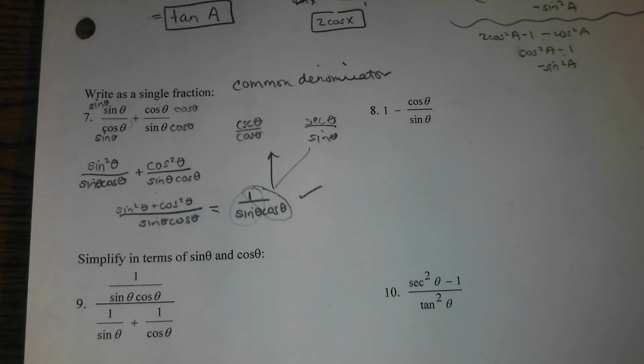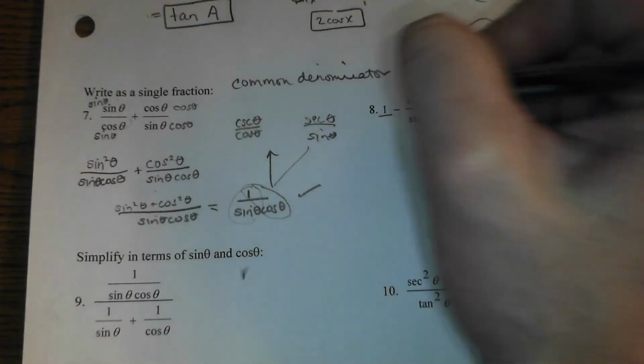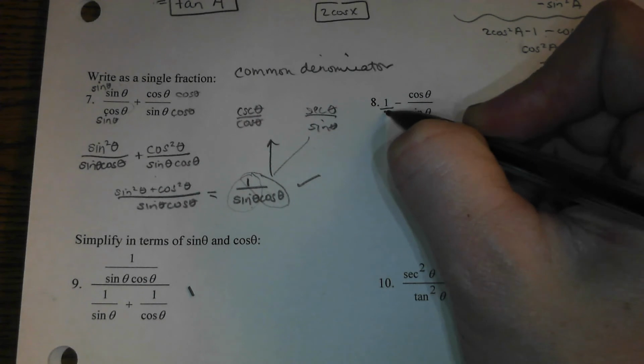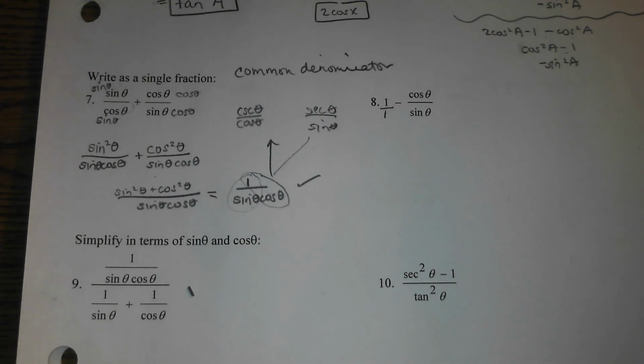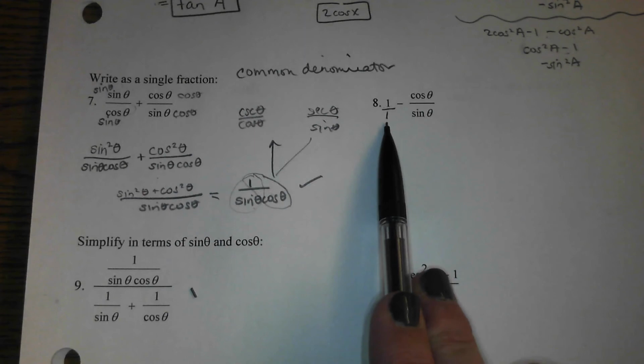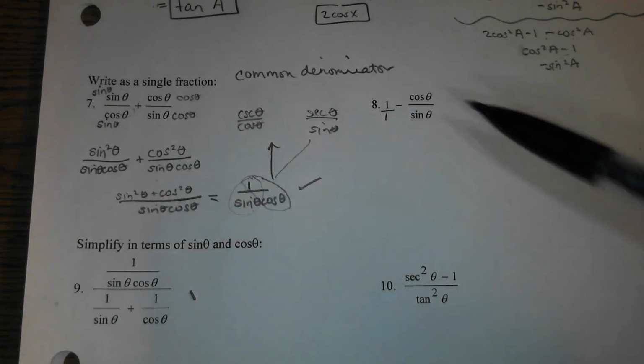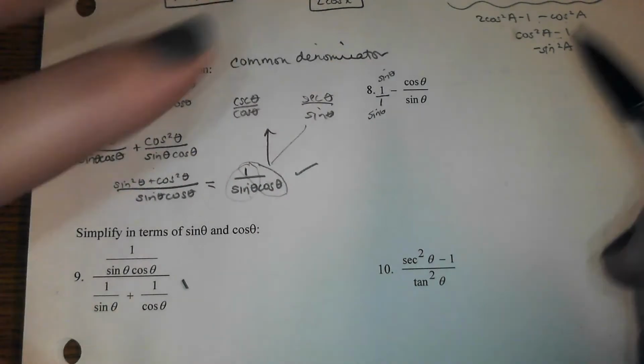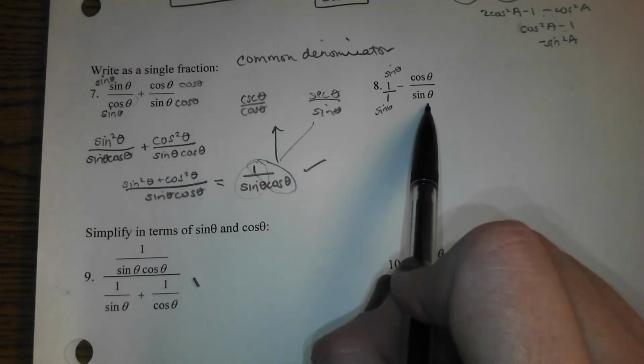Number 8 is still two terms. We want to combine it and write it as a single fraction, so we still need a common denominator. What is the denominator currently on the first term? 1. Anytime you don't see a denominator, put it over 1. So what does this one need that the other one has? Sine. What does this one need that the other one has?